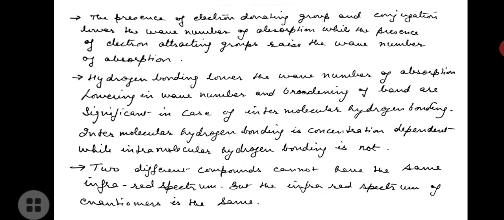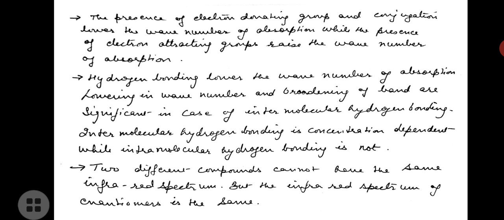The presence of electron donating groups and conjugation lowers the wave number of absorption, while the presence of electron attracting groups raises the wave number of absorption. Next point is hydrogen bonding.